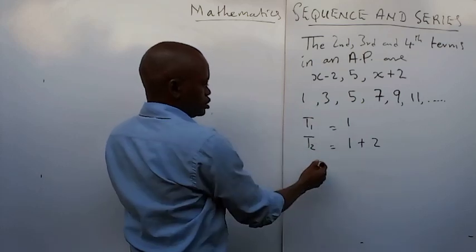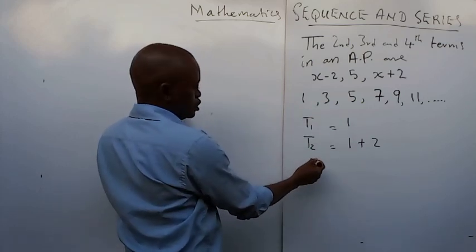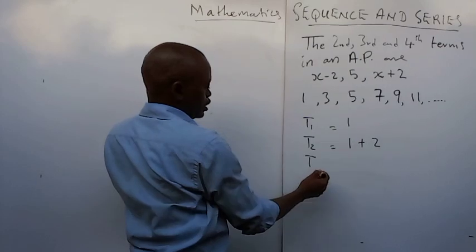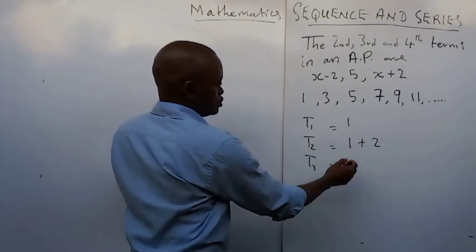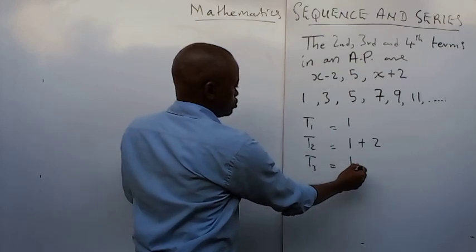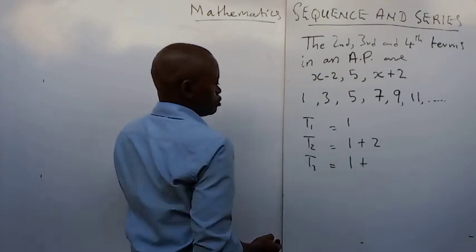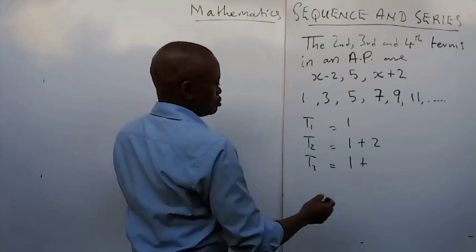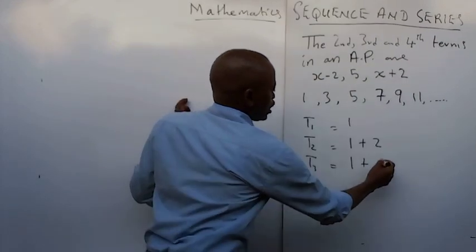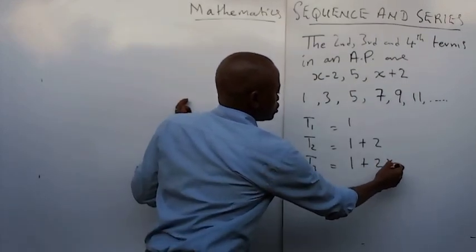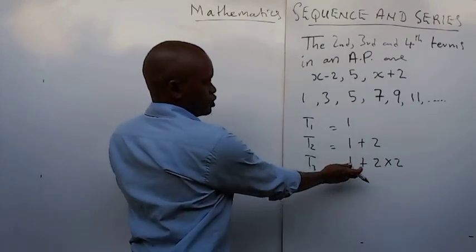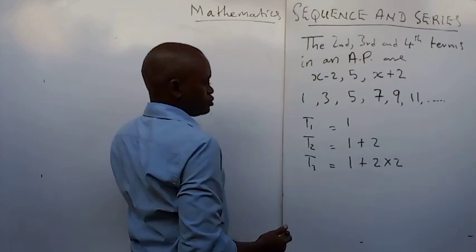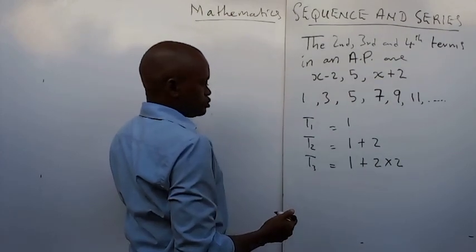That will give us 3 for the second term. Do you realize that if this is T3, you are going to observe this first value plus 2 times 2? 2 times 2 gives us 4. If you add it here, that will give you 5. Do you get that now?